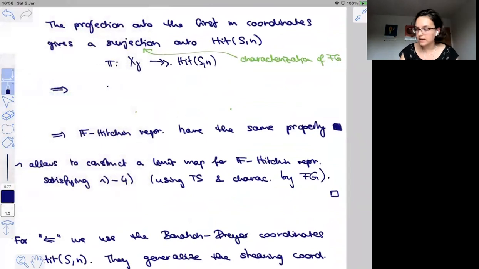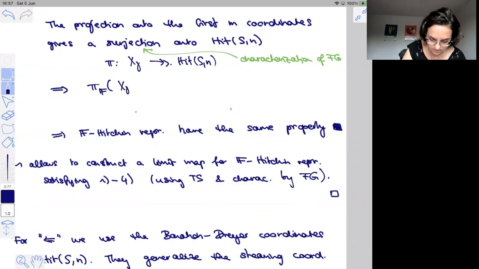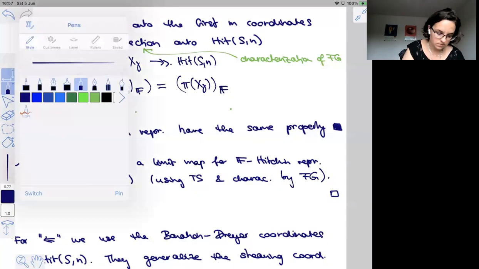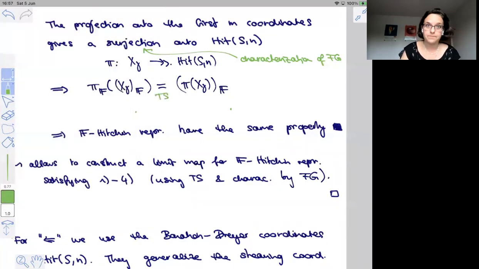And now we will use the Tarski-Seidenberg principle to extend this set to F. If we take the projection of the F extension of X gamma, then by the Tarski-Seidenberg principle, this is nothing else than first looking at the projection and then extending to F. But this map pi was surjective, so this is just the F extension of the Hitchin component.